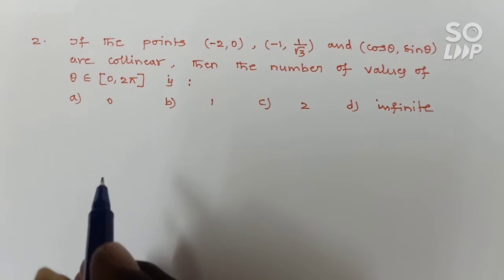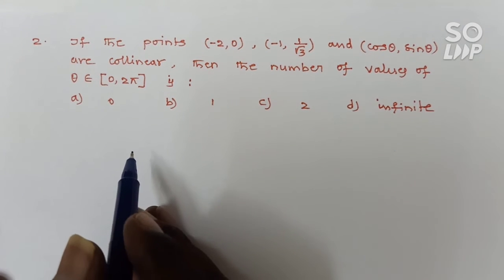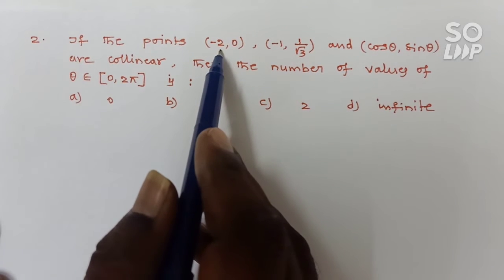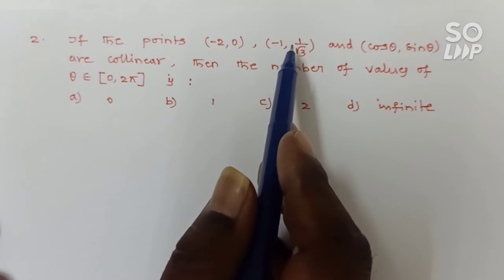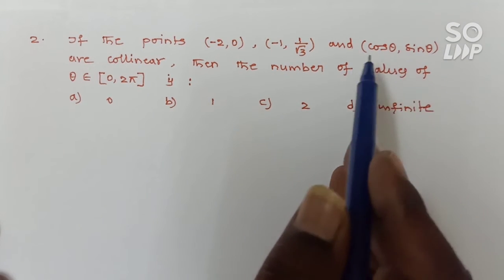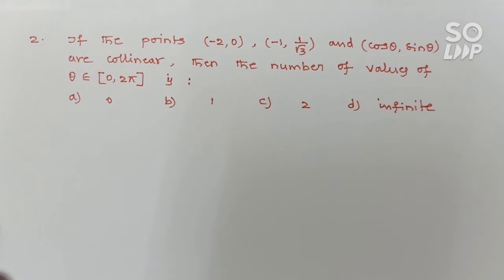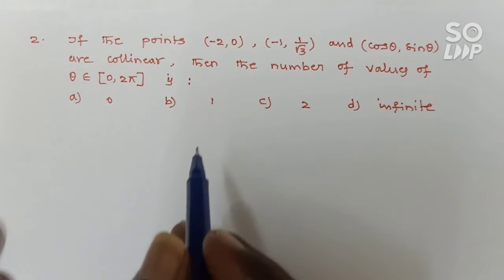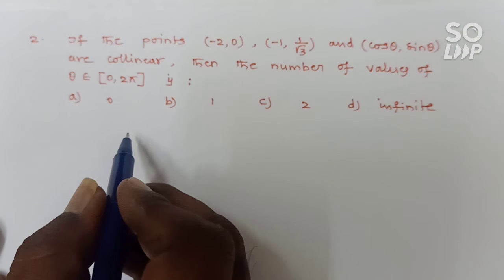Say in this one, the points minus 2 comma 0, minus 1 comma 1 by root 3 and cos theta comma sin theta are collinear. That means what? Here you can apply any method, either area of triangle is equal to 0 or the slope concept. Here I am applying the slope concept.